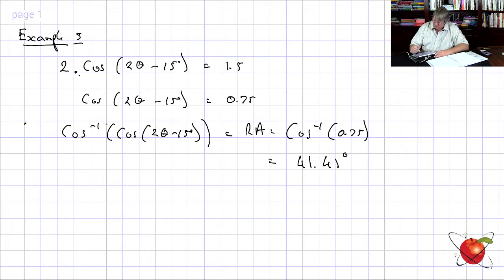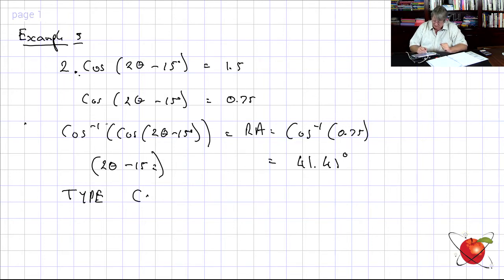But you can see here, just on the side, 2θ − 15 is equal to this whole thing. That's my solution. Now the next one is the type. The type is cosine.